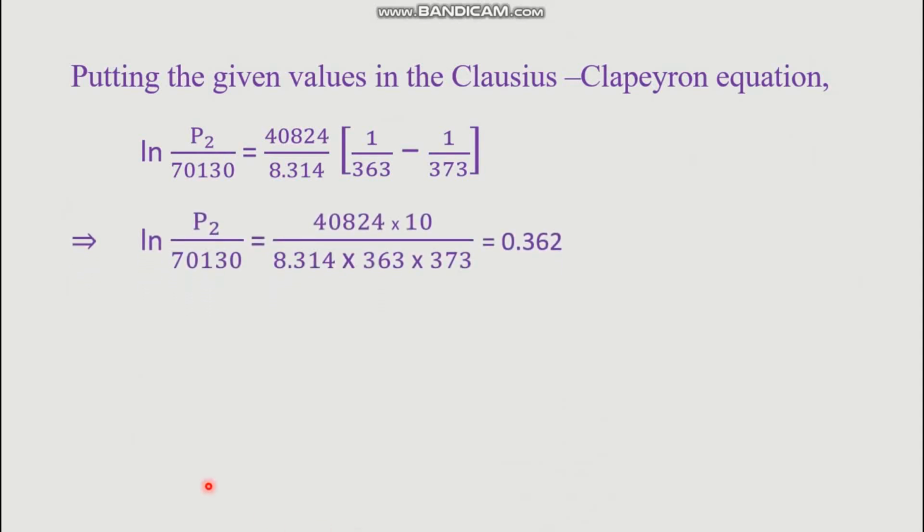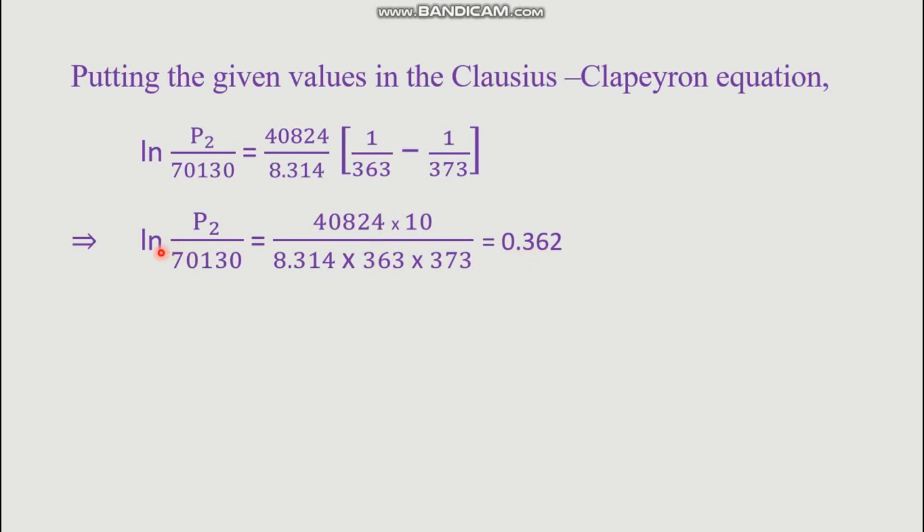Now the result is 40824 into, in the numerator of this portion, 373 minus 363, that is 10. In the denominator, 8.314 and 363 into 373. The final value of this is 0.362.